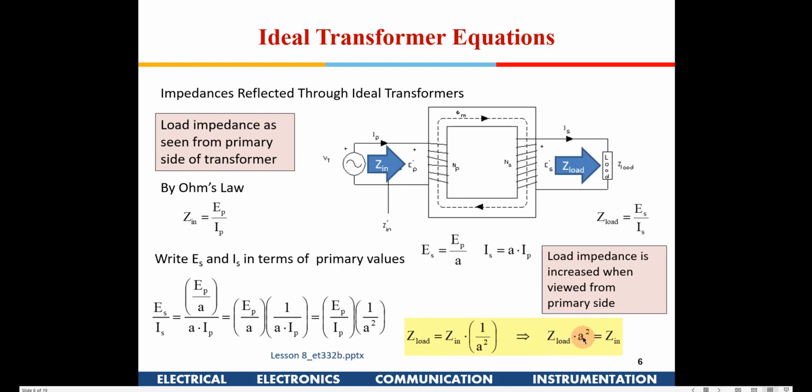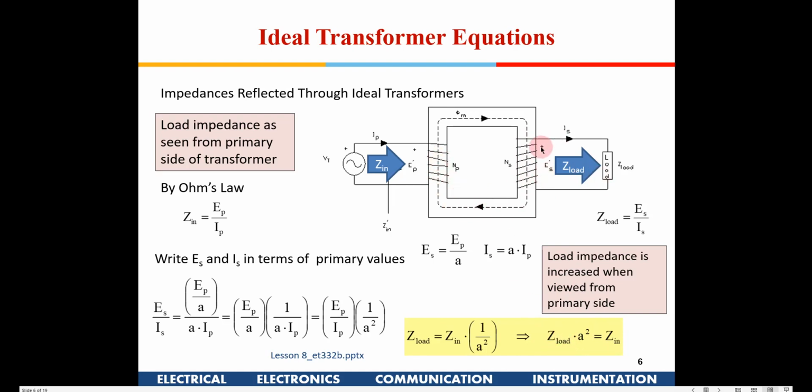This is one important equation which you need to remember. If A is more than 1, that means if the number of turns of the primary is greater than the number of turns in the secondary, then Z in will be higher than Z load. That need not be the case always.